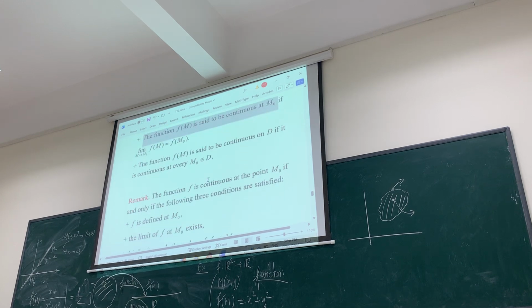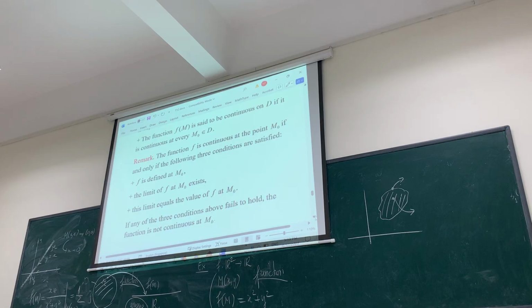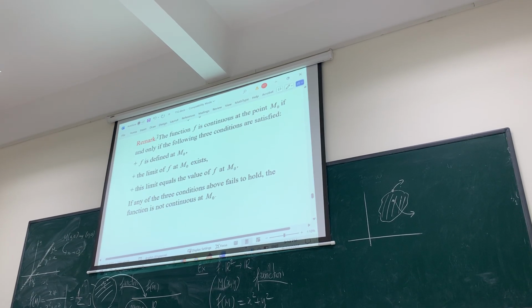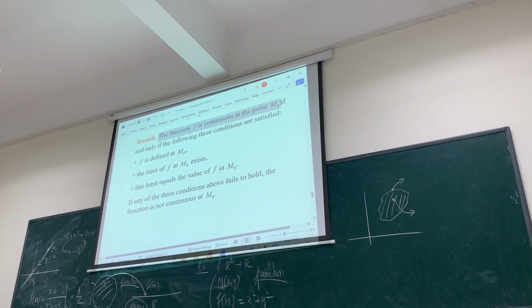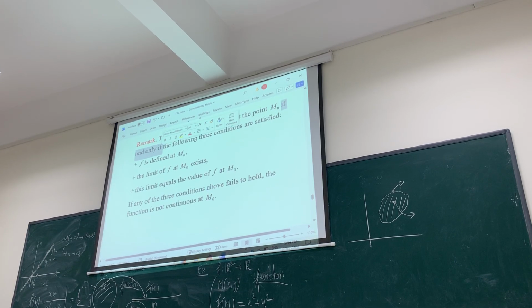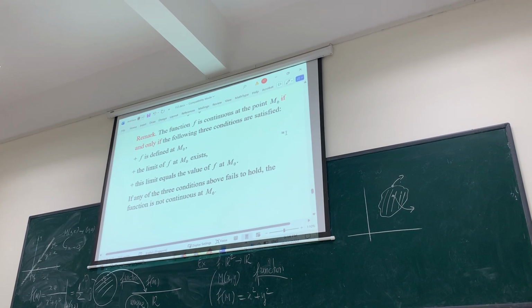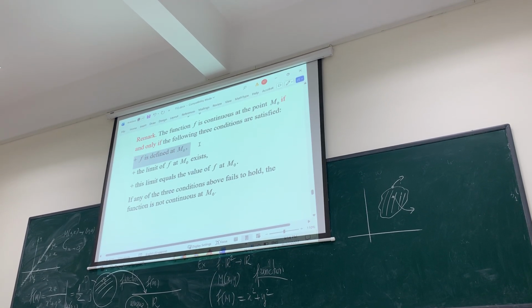Okay. Now we have a remark. The function f is continuous at n0 if and only if the following three conditions are satisfied. The first, the function f is defined.